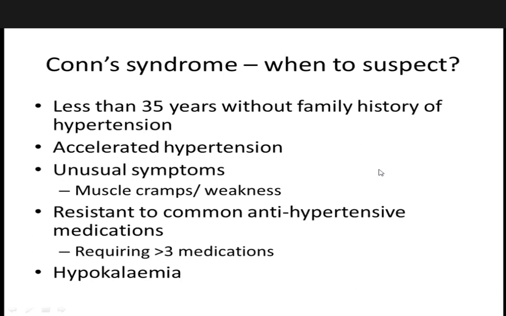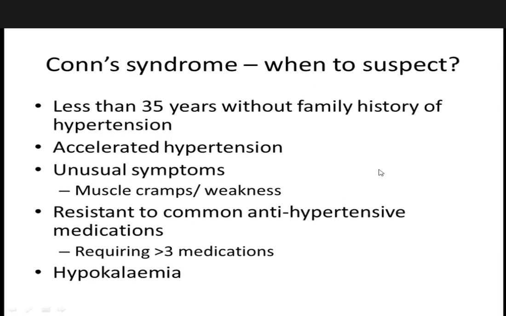Right? So unusual symptoms like muscle cramps and weakness in Cushing syndrome are especially due to hypokalemia. Muscle cramps and weakness, and then resistance to common antihypertensive medications, with patients requiring more than 3 medications to control hypertension, and in the presence of hypokalemia.